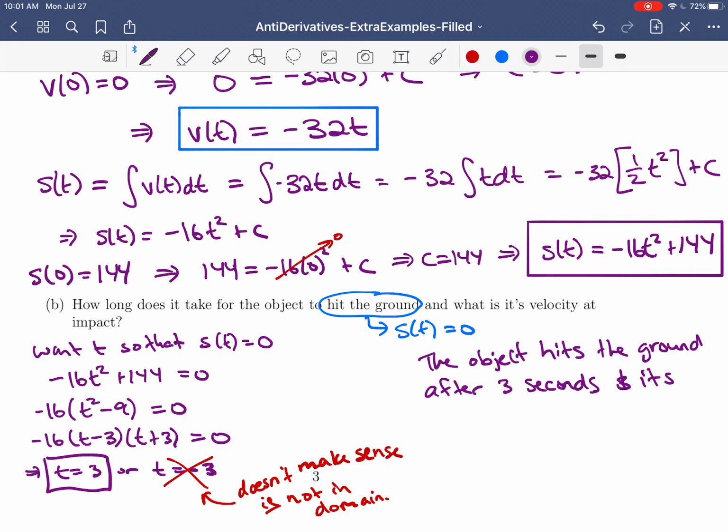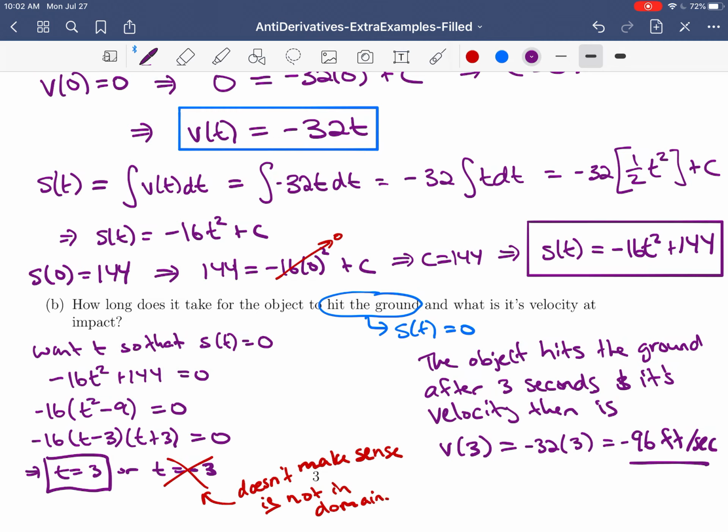And its velocity then is v of 3. And v was negative 32 times t. So negative 32 times 3, which is negative 96. And the units are feet per second. So that's going to be its velocity when it hits.